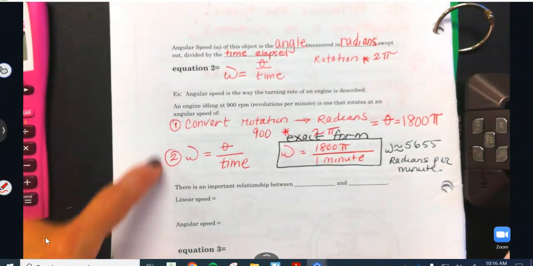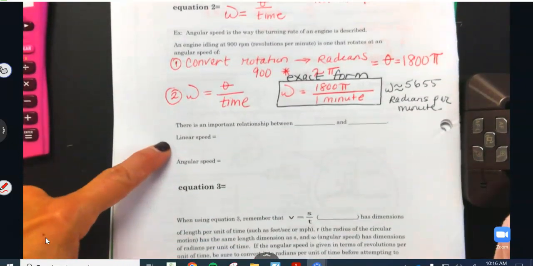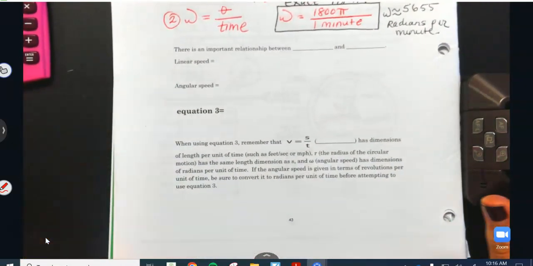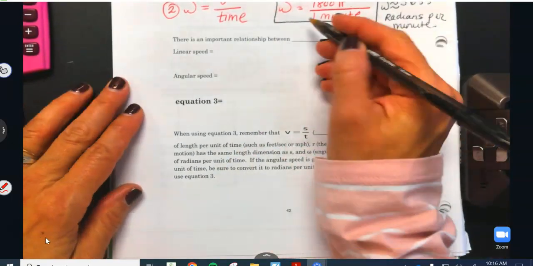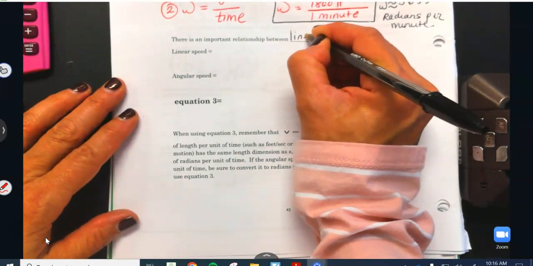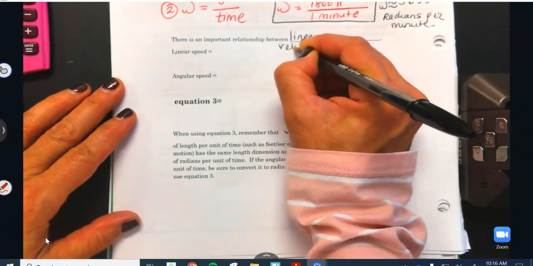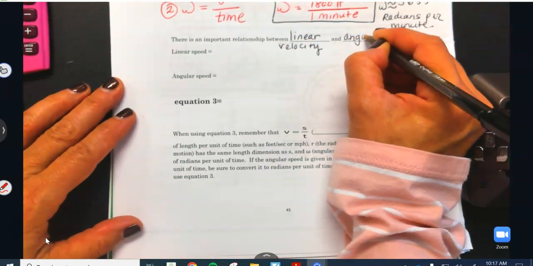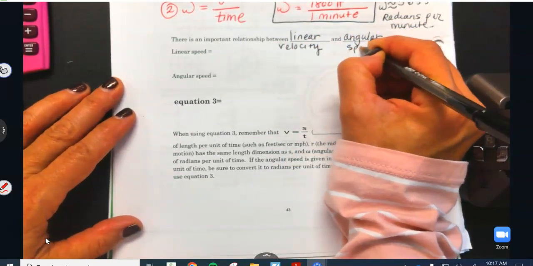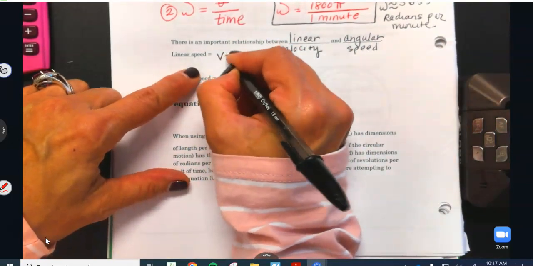All right, so let's look at this part. This is the part you're going to use the most. There is an important relationship between linear velocity and angular speed. Now remember, linear speed, we use v for velocity.